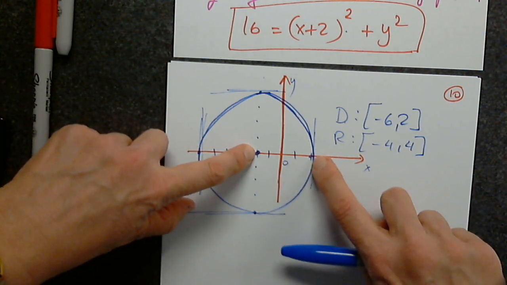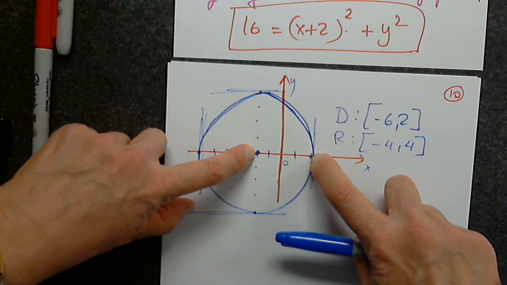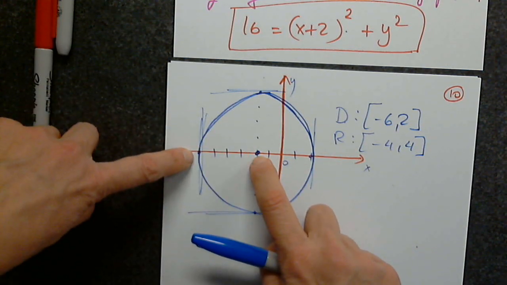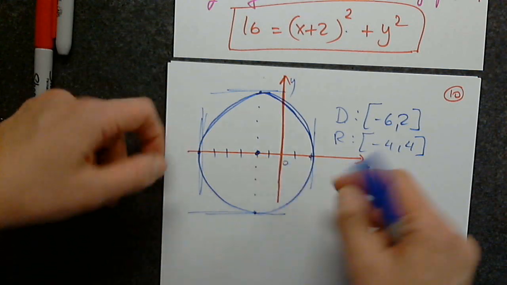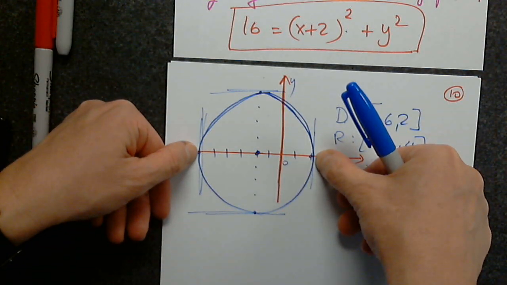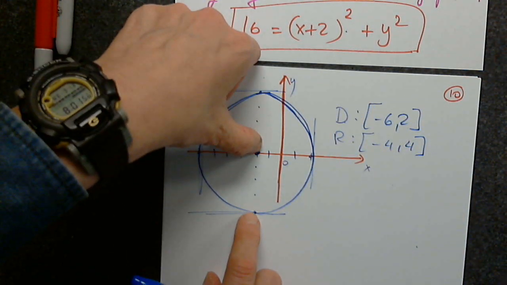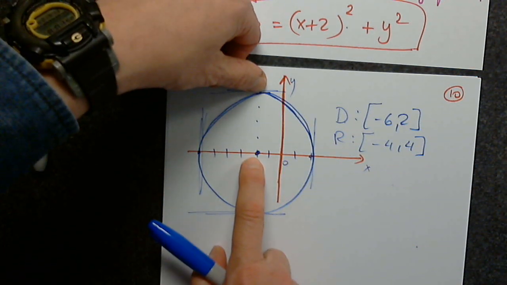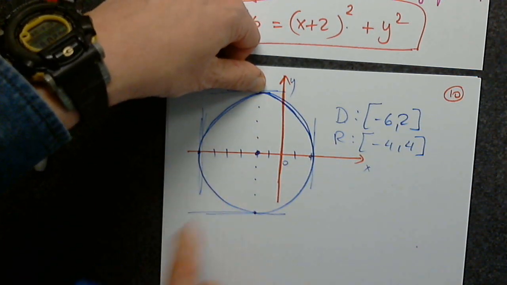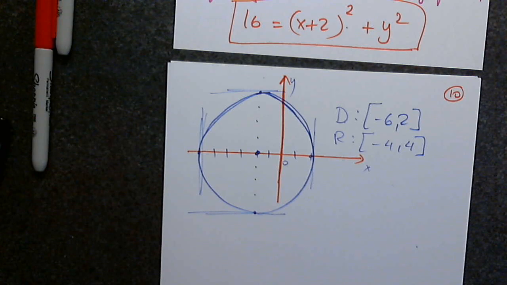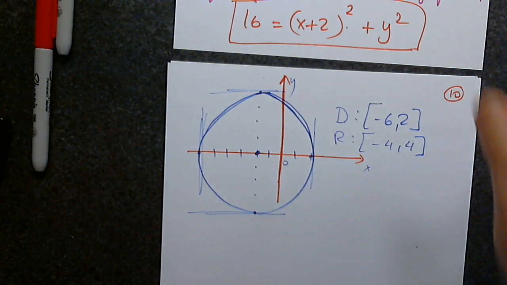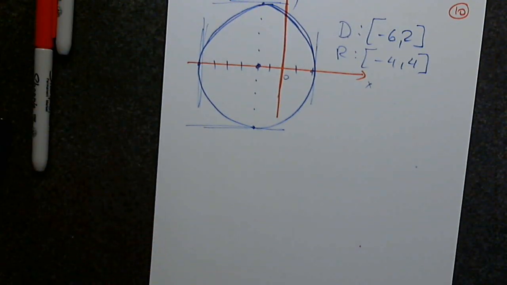If this is -2, then this must be 2. And if this is -2, this must be -6. So then the domain is -6 to 2. And the same thing for bottom and top, because this is at 0, so 4 and -4. That's good. Better? Everyone? Okay, perfect. Second type.